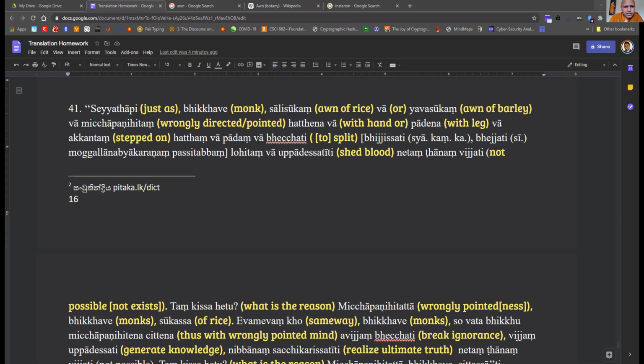Sayetahapi bhikkhave salisukhang va yavasukhang va miccha panihitang hattena va padena akkantang hattang va padang va bhichati lohitang va upadissatiti netan thanang vijjati.